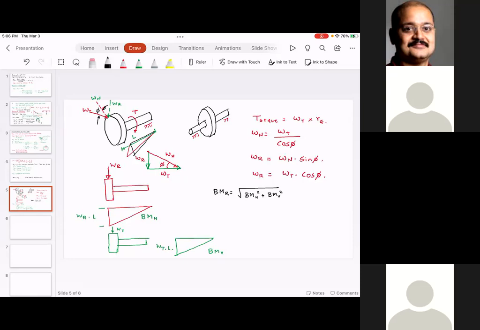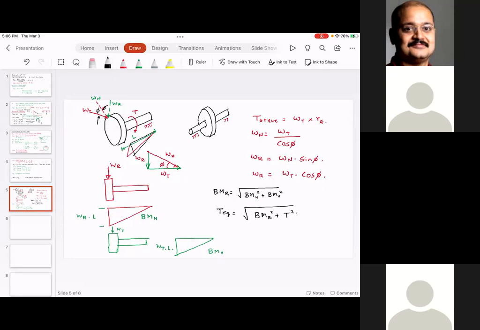In addition to the bending moment, you have torque. So T equivalent is equal to the square root of BMR squared plus T squared.